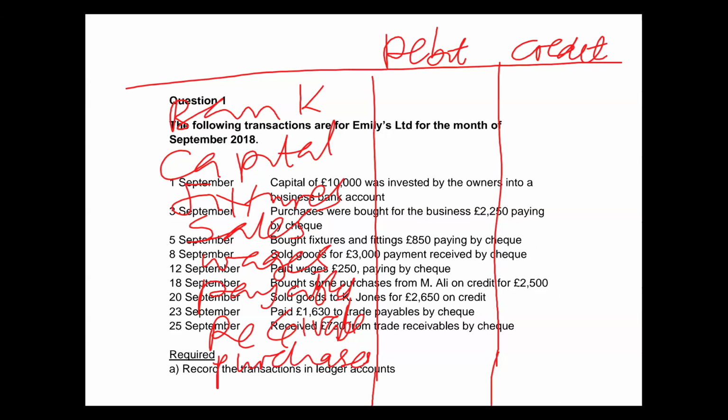Now we put the balances brought down, one on the debit side and one on the credit side. Bank was debited 8740.